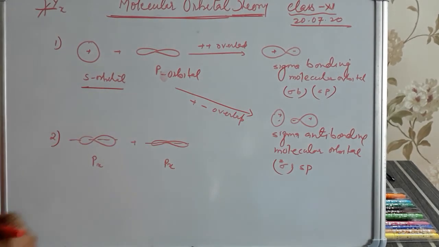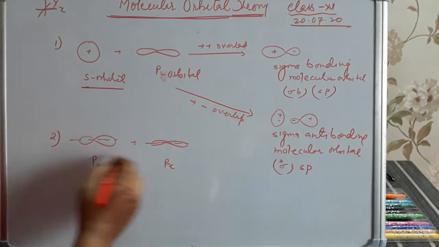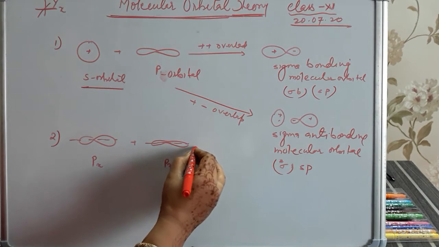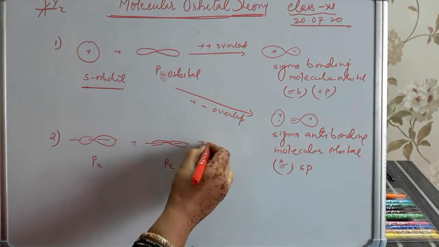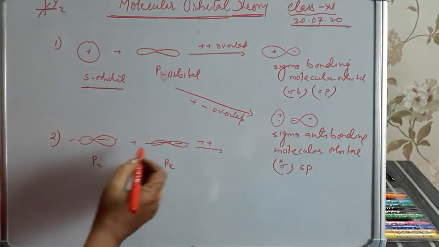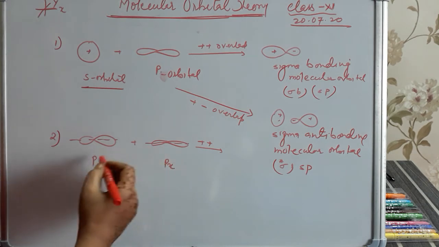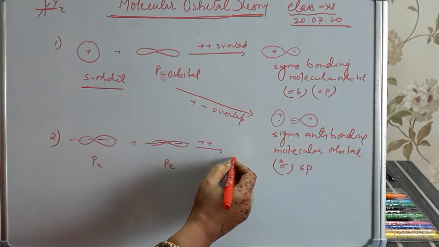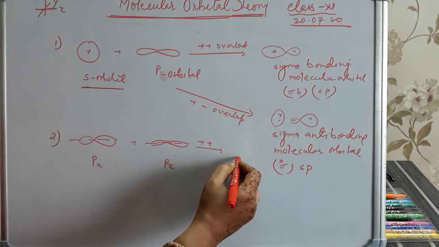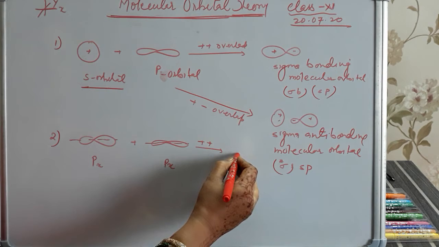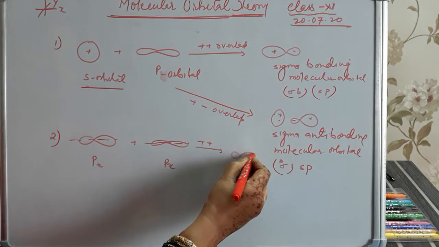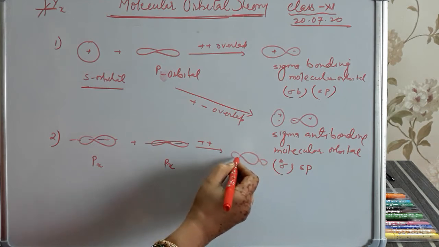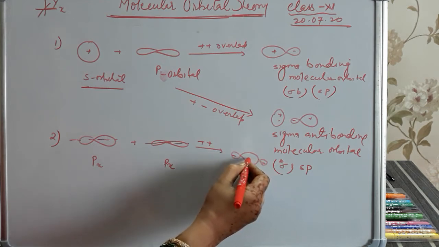If plus plus overlap takes place by combining the two atomic orbitals, that means addition overlap takes place between the two p atomic orbitals, this type of orbital is formed.